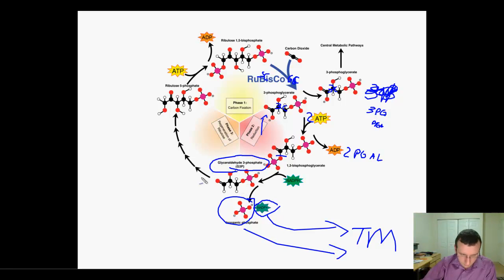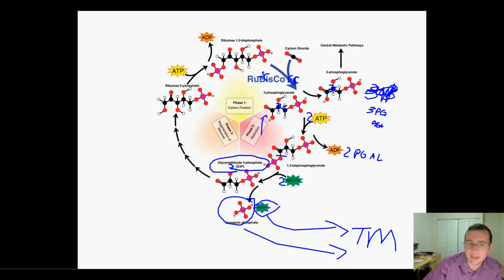Now, this G3P molecule is the molecule that I wanted. The whole point of doing this was to make the G3P molecule. But remember, since I had 2 split 3-carbon molecules, I had to also use 2 NADPHs, and therefore I'm making 2 G3P molecules. All right?